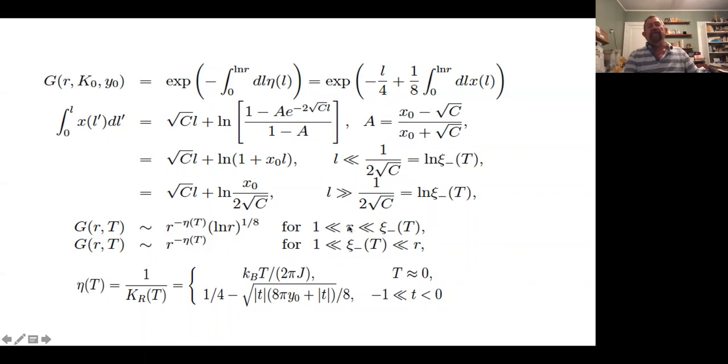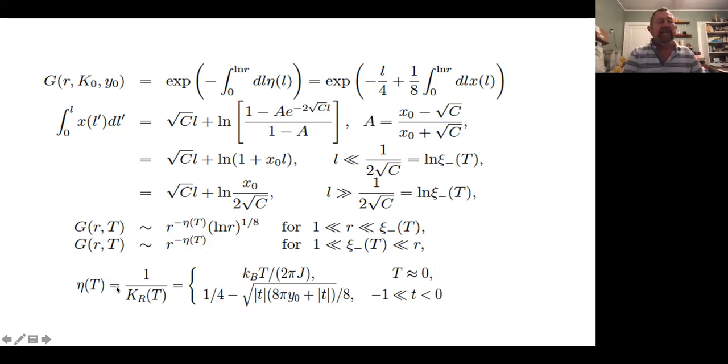But here we must have R small compared to this correlation length. And if the inequality is reversed, where R is larger than the correlation length, this is just R to the minus η(T).